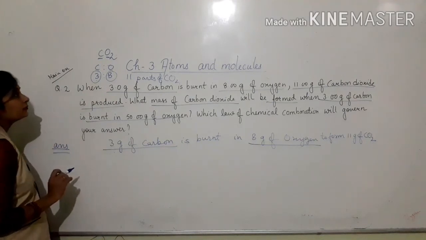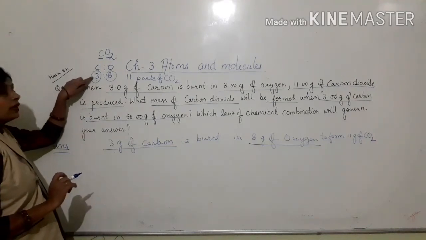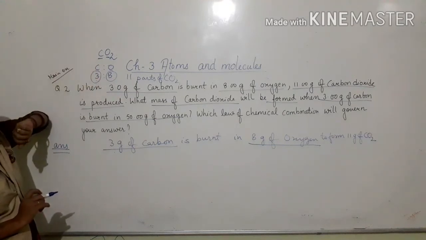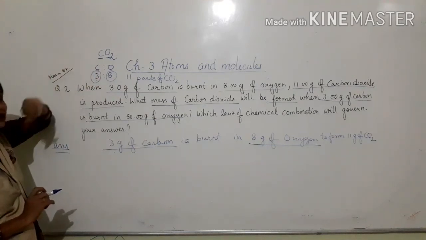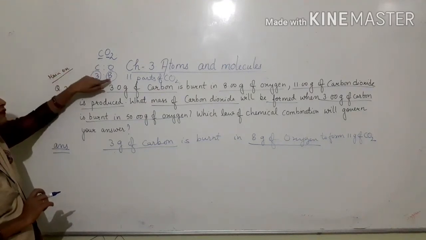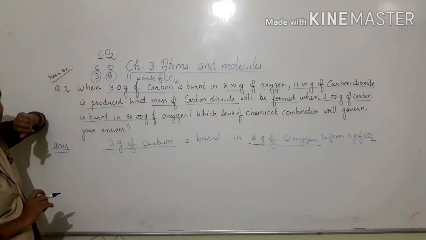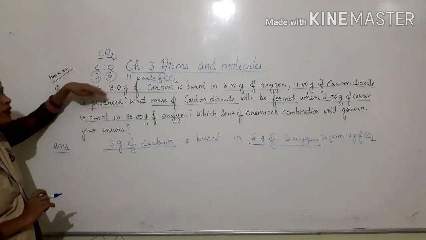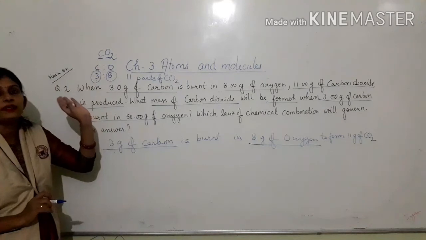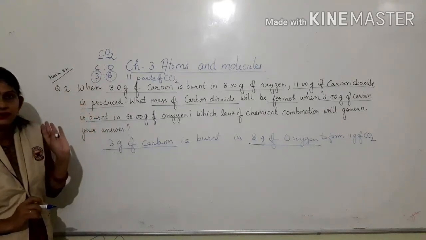It means if carbon is doubled, then oxygen will be doubled. If it's tripled, then it will be tripled. If it becomes half, then it will also become half. Means the overall ratio proportion of these two elements in carbon dioxide will remain same, constant or definite.